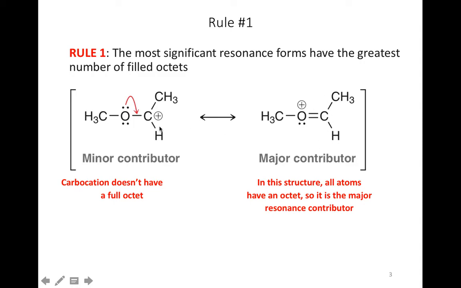Normally, we might suspect that having a positive charge on oxygen is not favored because oxygen is so electronegative, but Rule 1 takes precedence. And so we want everybody to have a complete octet if we can, because carbon does not have an octet on the left, and they all do on the right. This one is going to be the major contributor, or the more important resonance contributor.